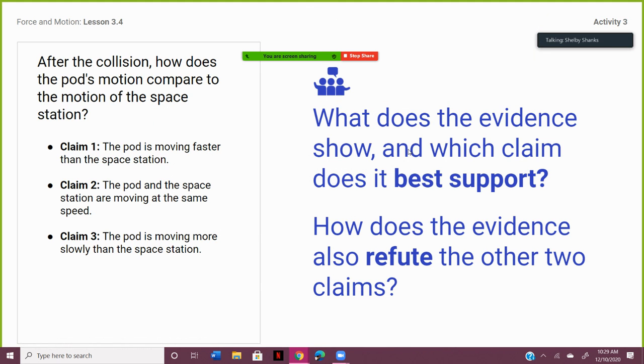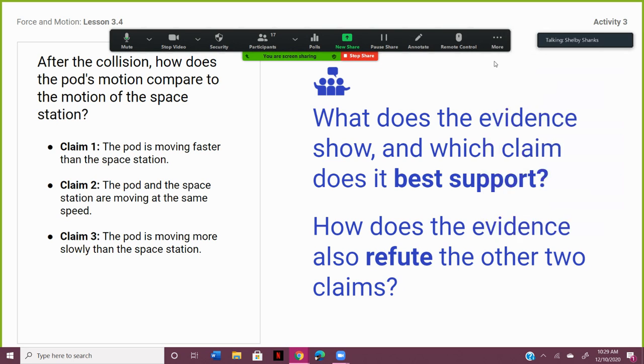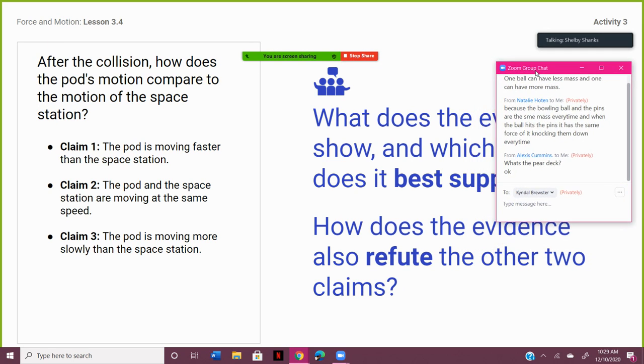All right, guys, I want to know what claims you picked. In the chat, or you can unmute yourself, just let me know what claim you picked from that last activity.